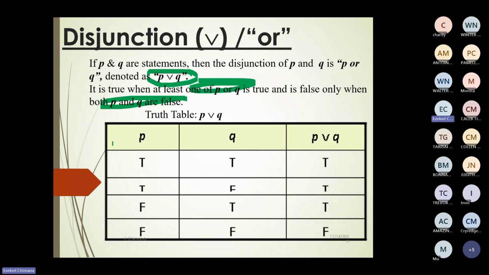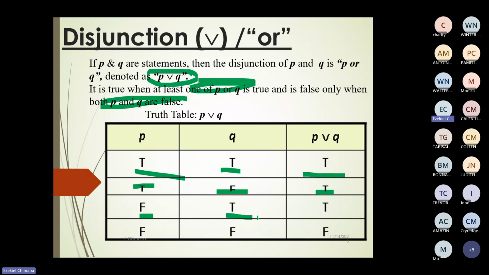So we have two statements. So 2 to the power 2, you have got 4 rows, and then the half rule. First you've got 4 rows, so it's true, true, then false, false. And then half of this, so it's true, false, true, false, just like that. And then we are using or. True or true is true, true or false is true because we have one value as true.